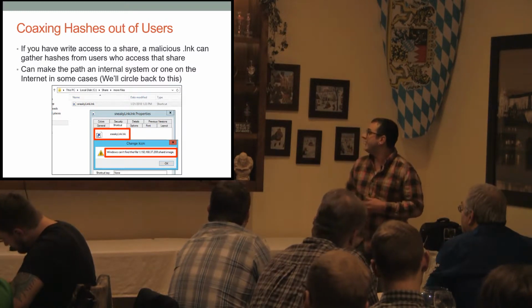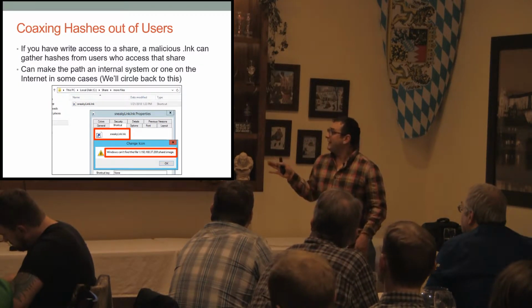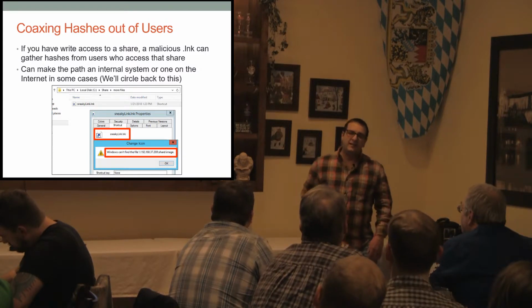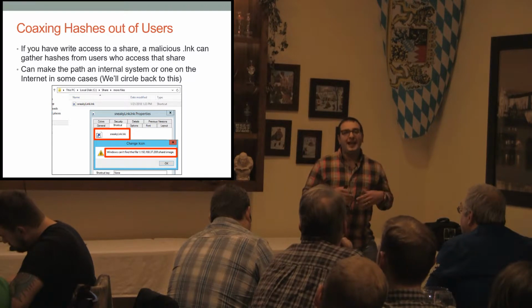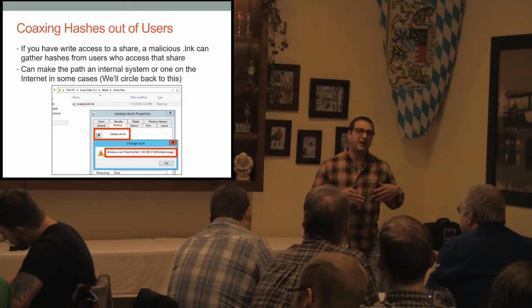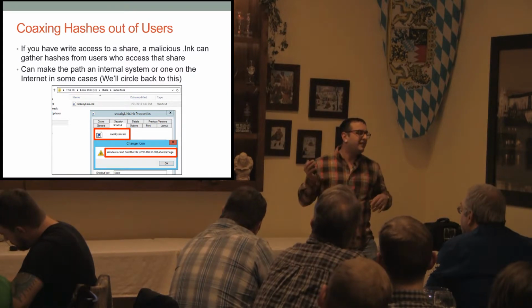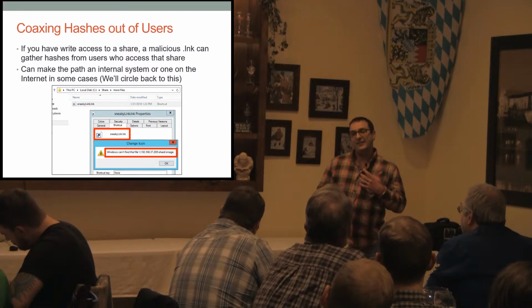One of the other things that's interesting here is in this environment, I pointed it at a local system that's inside. If the organization is not filtering SMB out to the internet, not blocking Windows file sharing to the internet, you might be able to point it at a file server on the internet, or a listener on the internet.